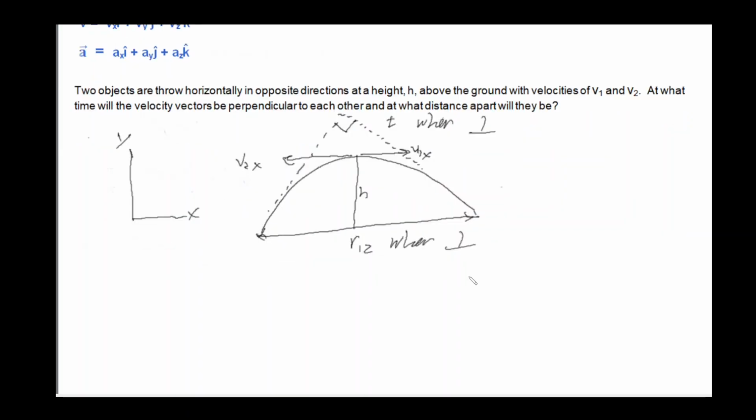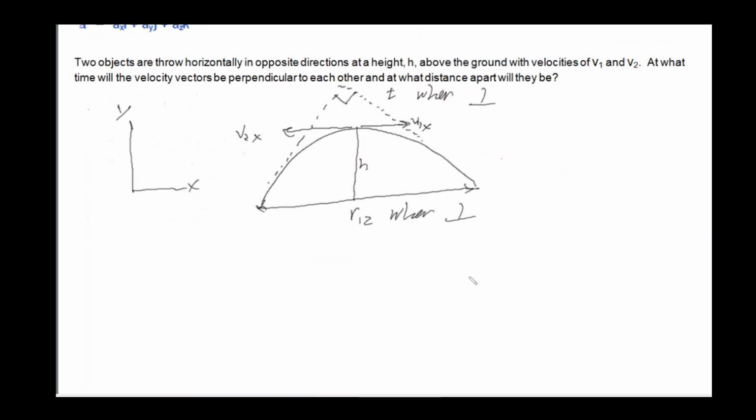So let's see what we have here. Well, we know our velocity 1 is equal to v1x plus v1y, which is equal to v1x i minus gt j.